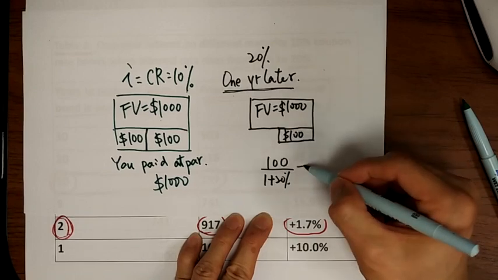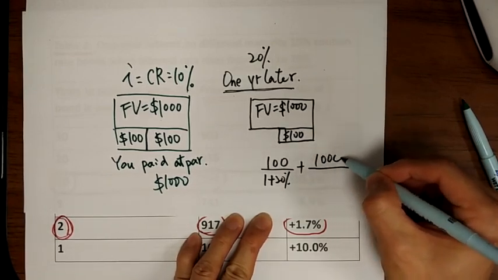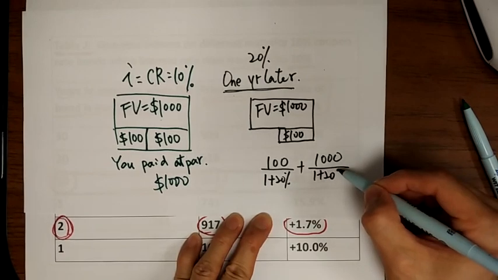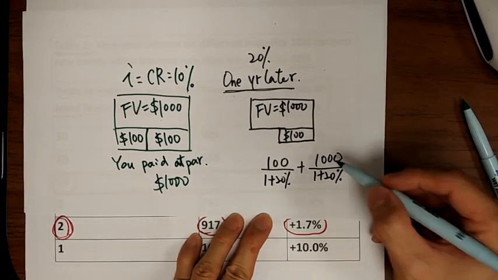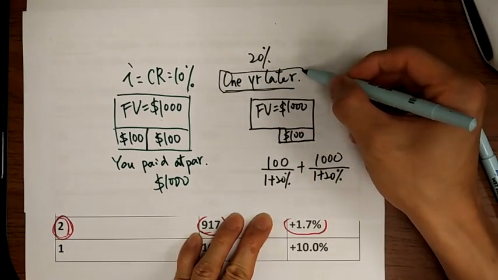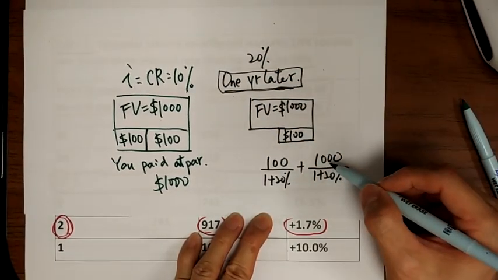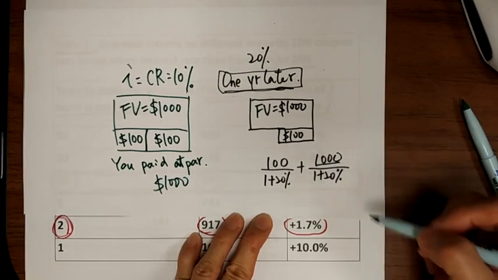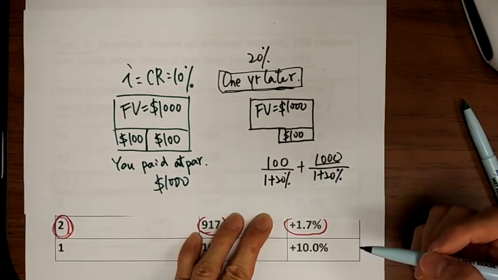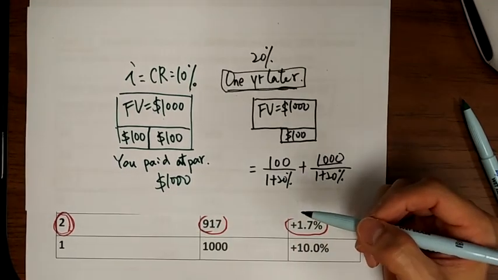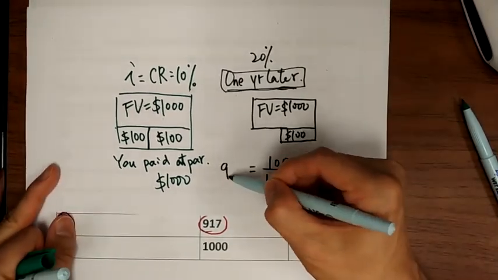A year later, he also gets the face value, and he's going to use the market interest rate 20% at this time to discount this 1 year later. So you discount it once. So the price he's willing to pay should be equal to 917.